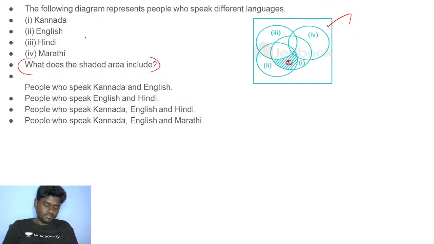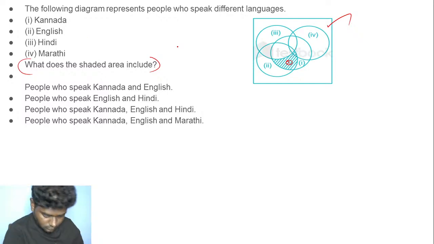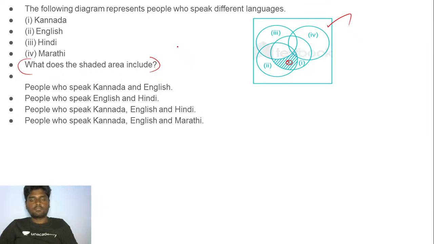Come on, guys. What's going to be the right option for this? See, the first circle is the number of people who speak Kannada, the second circle is the number of people who speak English, the third one is the number of people who speak Hindi, and the fourth one is the number of people who speak Marathi.